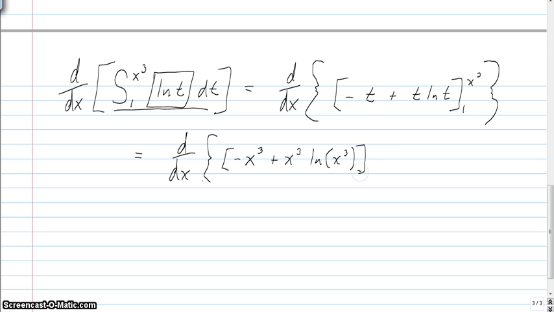And then I'm going to plug 1 in for t, so I'm going to have a negative 1 here. And if I plug 1 into the natural log, I get 0, so this would be just 0.